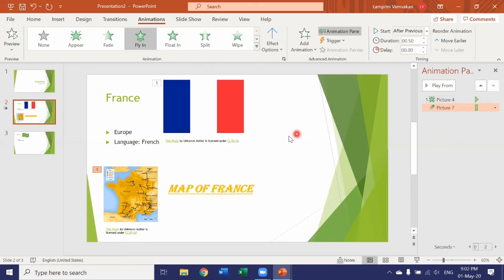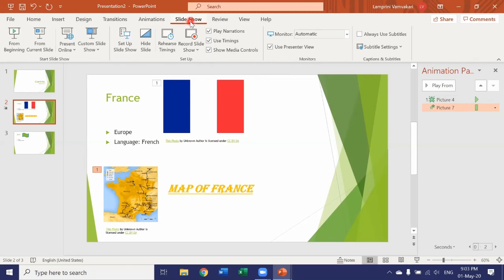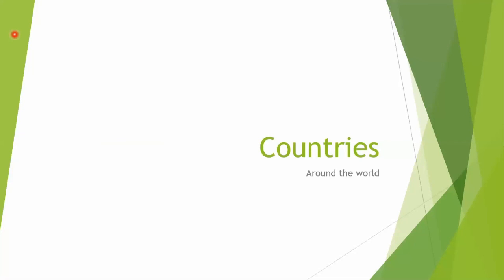Now, I would like to take a look at my slideshow. So, how's it going so far? I could go to the slideshow tab here and select from beginning. And here we go. Now, to move on to the next slide, you either need to click or tap on a key on the keyboard.